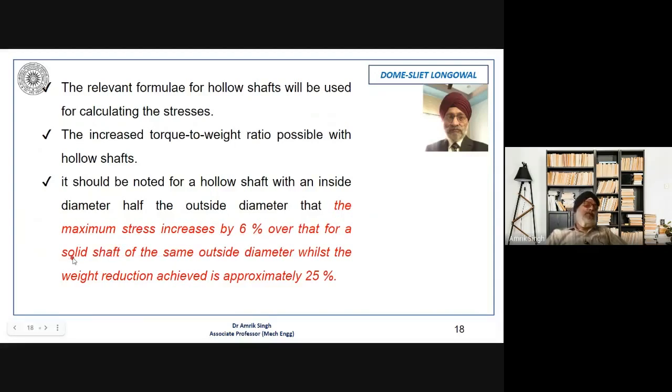That means if we use a hollow shaft, the strength is increased by approximately 6% for the same outside diameter, and the weight will be reduced by 25%. So if we use the hollow shaft, we increase the strength and we reduce the weight.